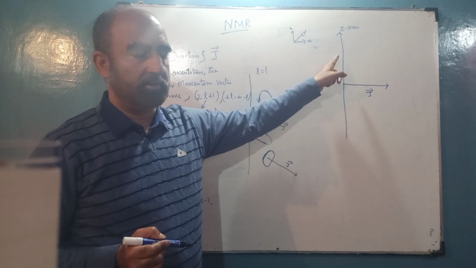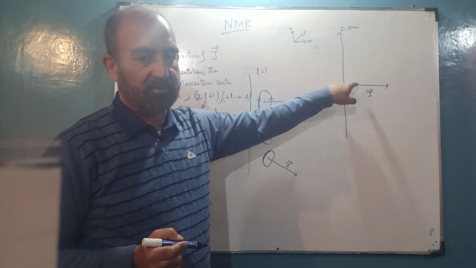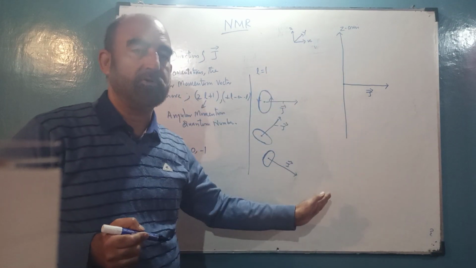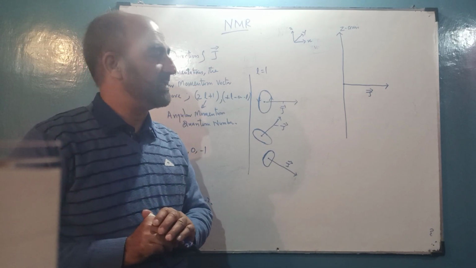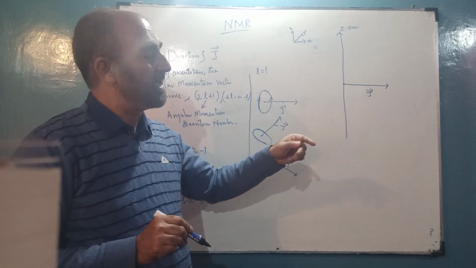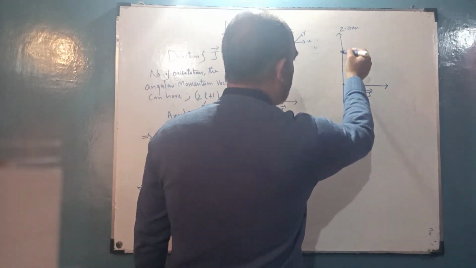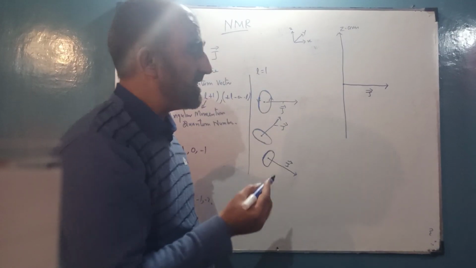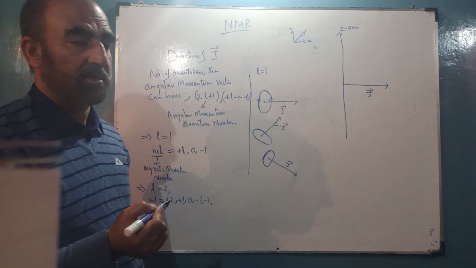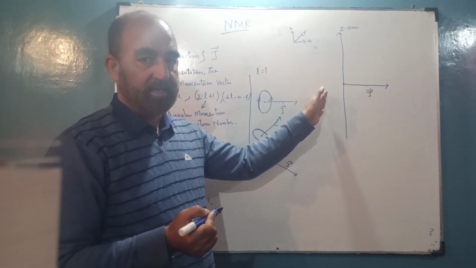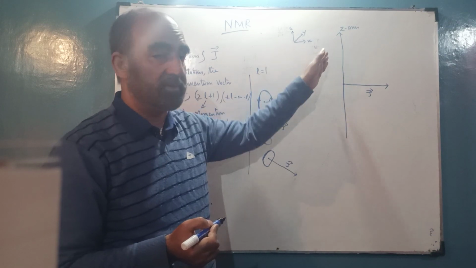The angular momentum vector J is perpendicular to the reference axis. When we say it is perpendicular to the reference axis, one more question I may ask: what is the component of this vector along this axis? That means how much of this vector lies on this axis.